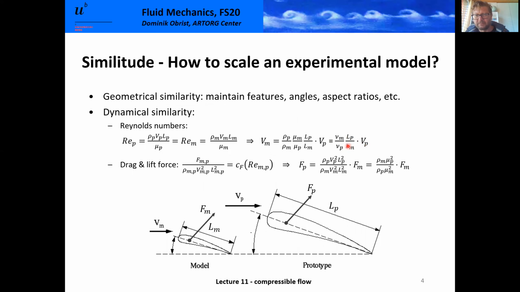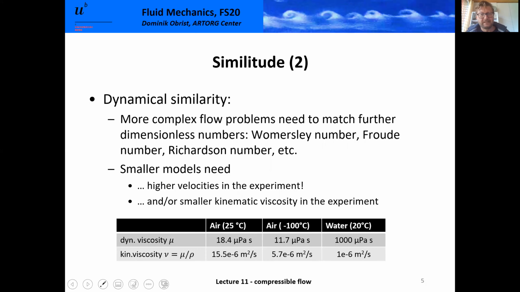A smaller model usually needs higher velocities because of LP over LM, unless you fiddle with the viscosities. So smaller models need either higher velocities in the experiment and/or smaller kinematic viscosities in the experiment.